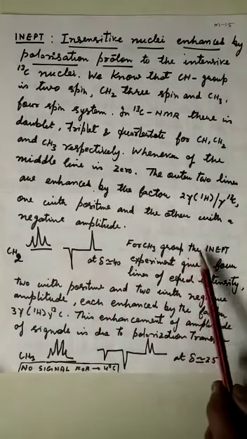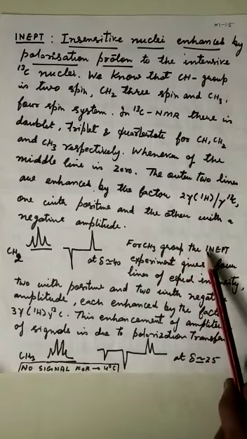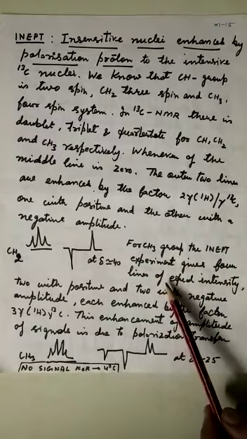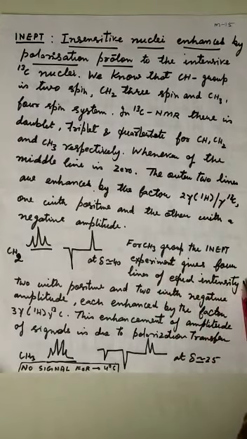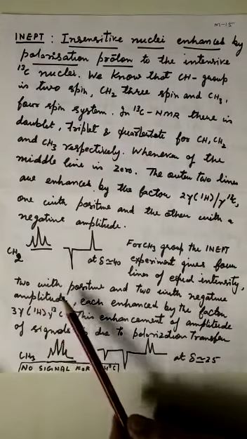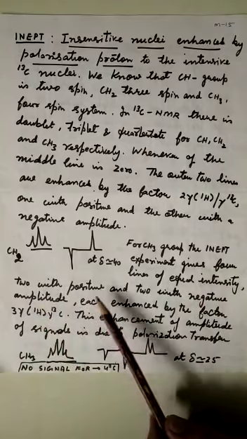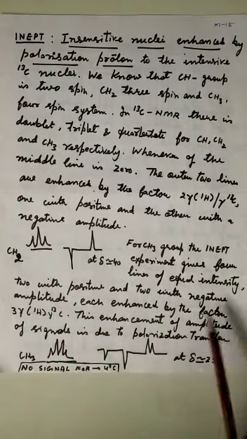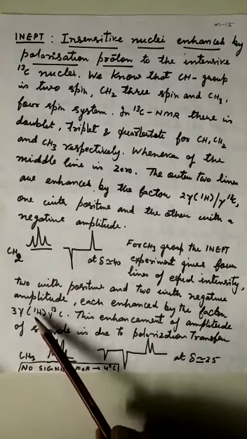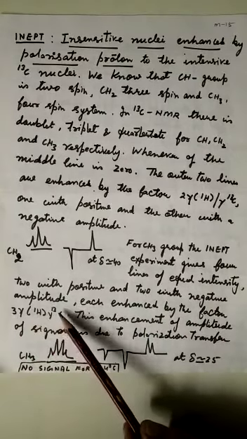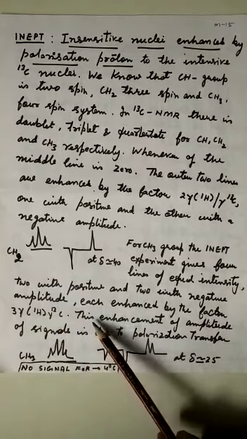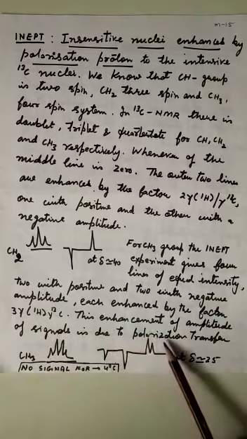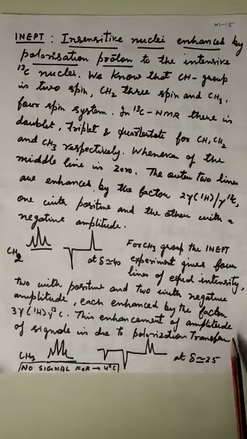For the CH3 group, the INEPT experiment gives 4 lines of equal intensity, that is the quartet, 2 with positive amplitude and 2 with negative amplitude, each enhanced by the factor 3 gamma 1H by gamma C13. This enhancement of the amplitude of the signal is due to the polarization transfer.